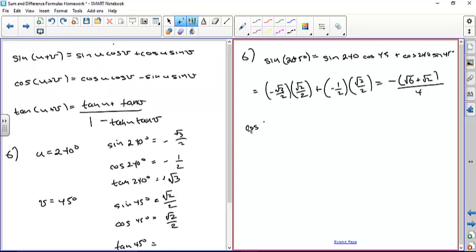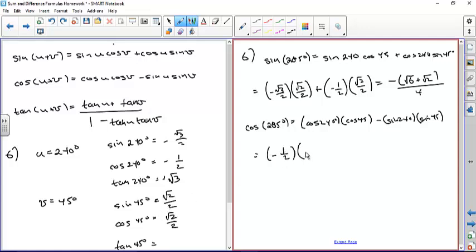The cosine of 285, use this formula, is cosine of 240 times the cosine of 45, minus sine of 240, sine of 45. Cosine of 240 is negative 1/2.